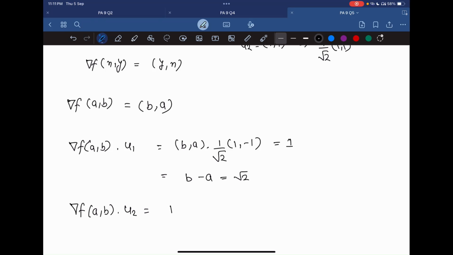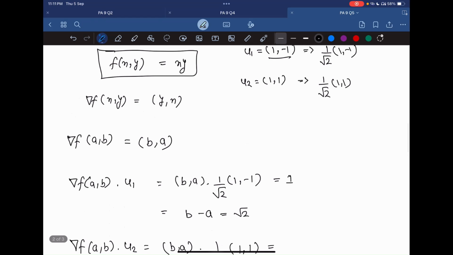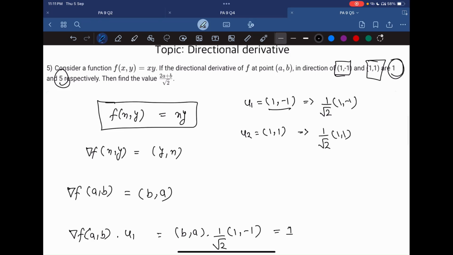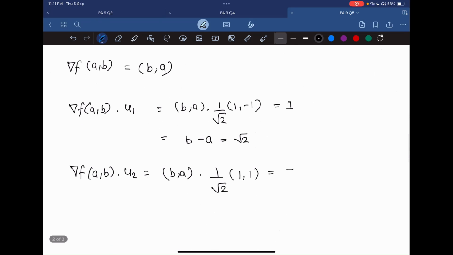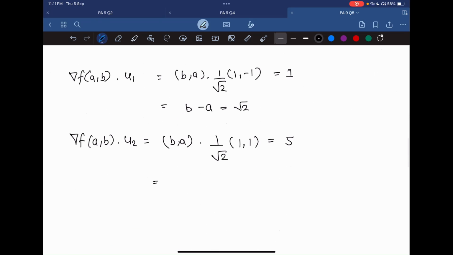Similarly, the dot product with u2, that is b comma a dot 1 by root 2 times 1 comma 1, is given as 5, and on simplifying we will get b plus a equal to 5 times root 2. This is our equation 1, and this is our equation 2.